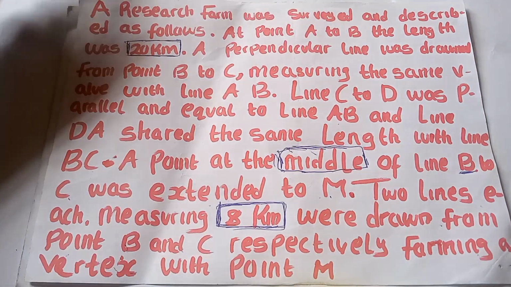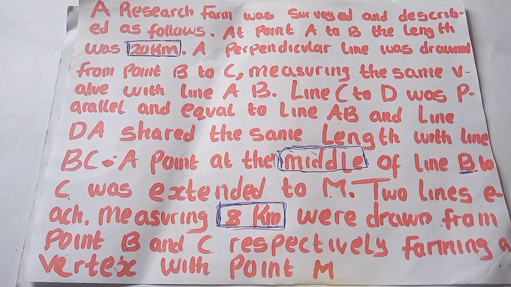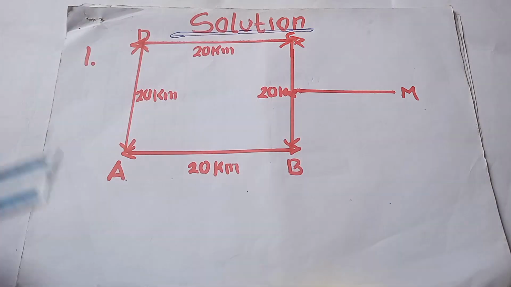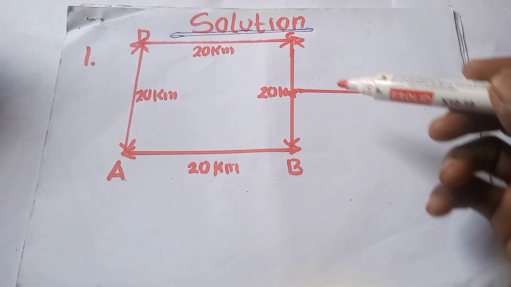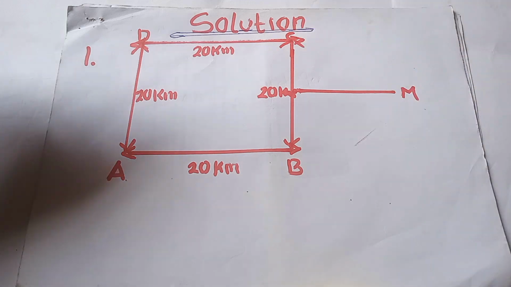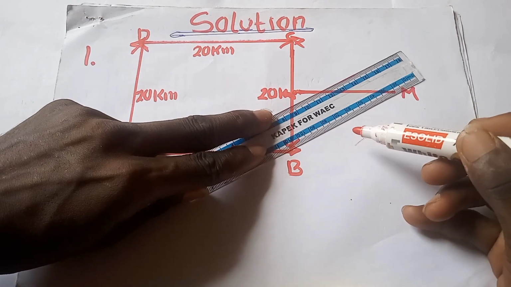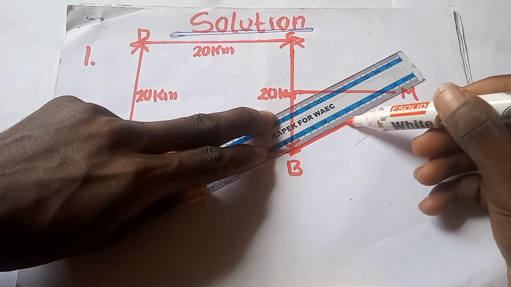A vertex is any point at which two or more lines meet; that particular point, the apex, is known as the vertex. So let us interpret that. They say that two lines measuring 8 kilometers each were drawn from points C and B to M. So I'm going to be having from B to M first.